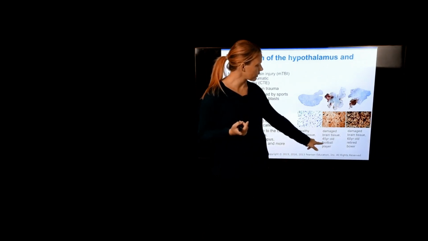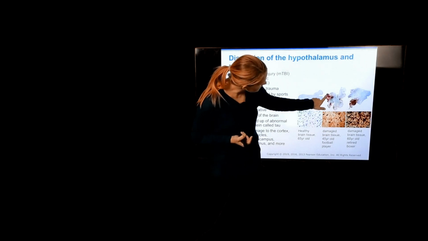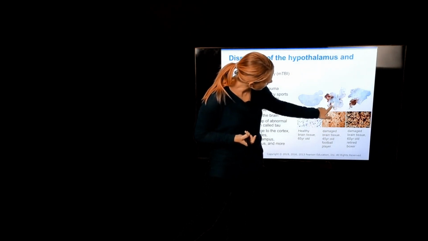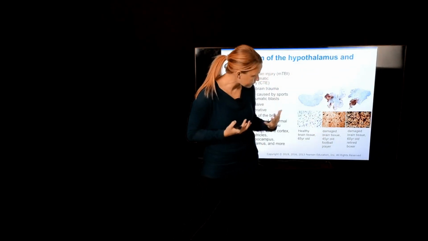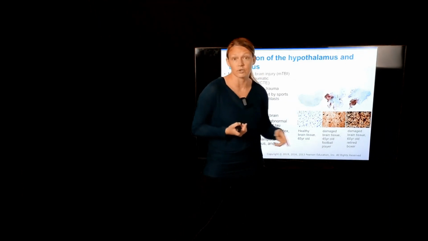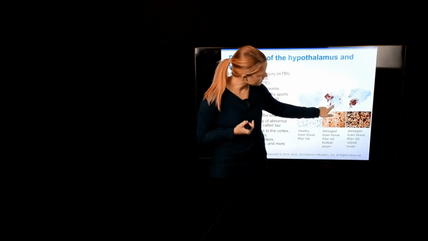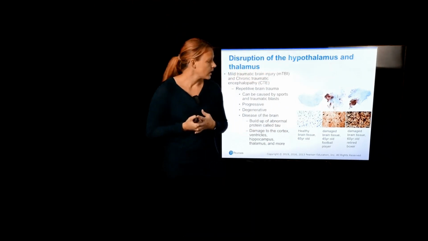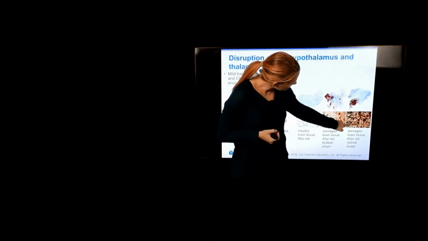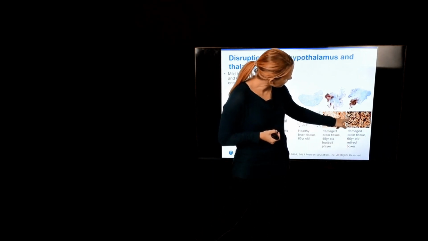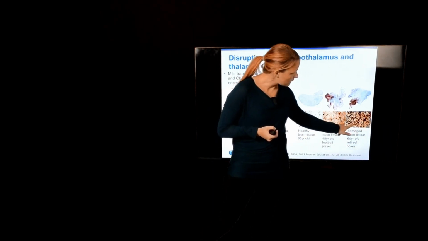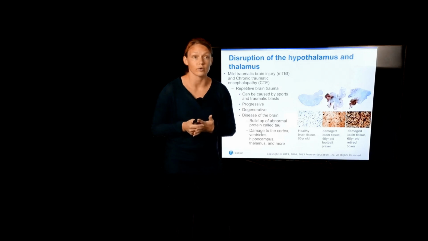Note these dark portions, those are going to be that dead tissue. We want it to be light like this. These dark portions are just the dead parts. And then you have the damaged brain tissue of a 60-year-old retired boxer. Here you see a lot of that dead brain tissue.